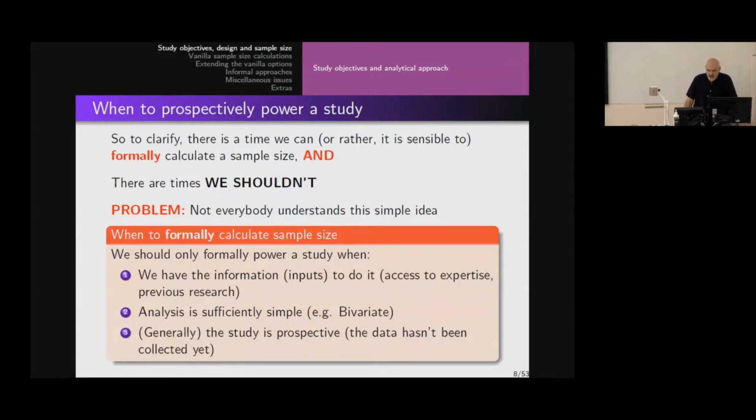And third, and this is actually an ethical issue here, generally the study is prospective, okay? Now, I'm talking ethics when I say that. In other words, we don't want too many patients to be enrolled, or we don't want too few to be involved.